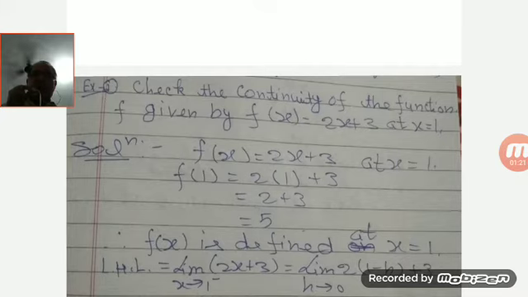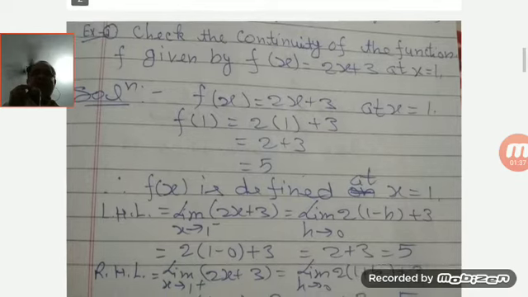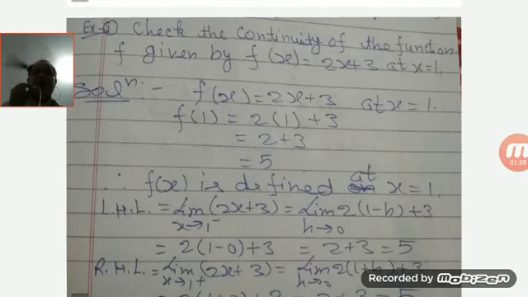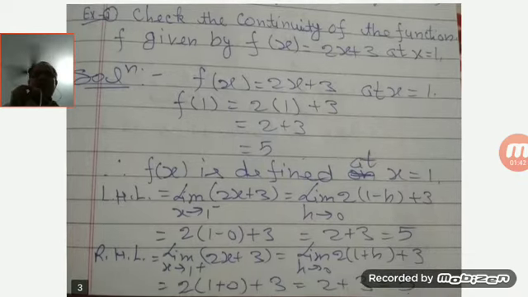So f(x) is defined at x equal to 1. Whenever in any problem related to continuity of any function, first we have to see whether the given function is defined at that point or not. So we have calculated in this way.